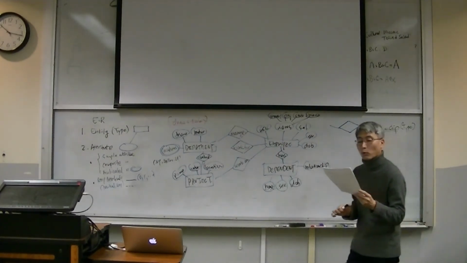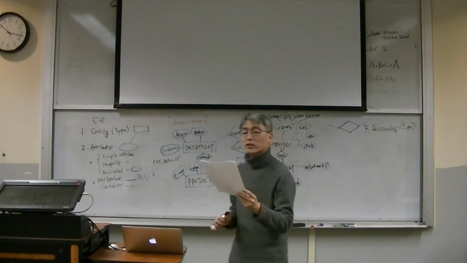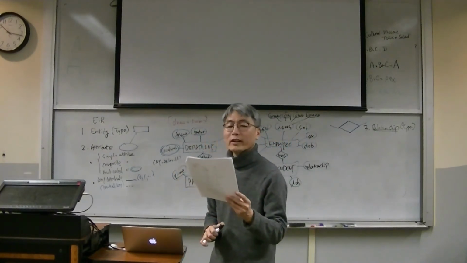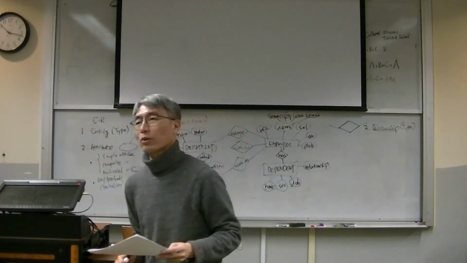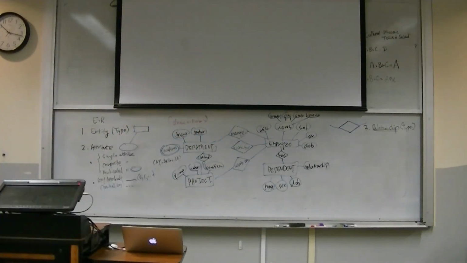Okay. Anything else? Oh, we missed the third sub-block of employee. We keep track of the direct supervisor of each employee. What does that mean? In other words, each employee has a supervisor.